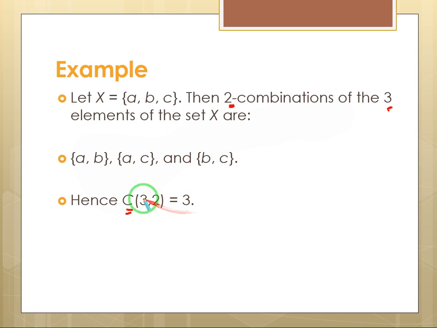We can also represent this as 3C2, or as 3 over 2, and the answer is 3. I will show you how to solve this kind of question using a formula.